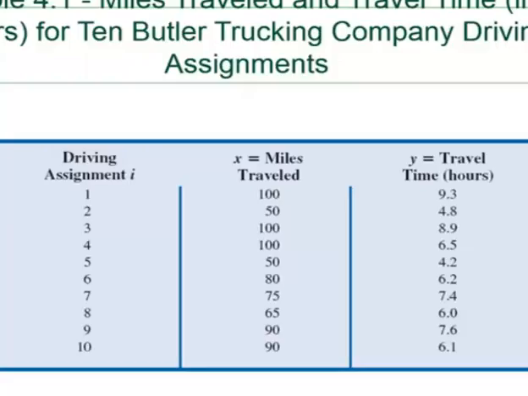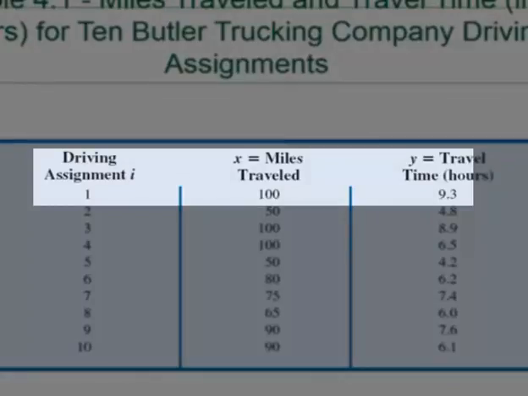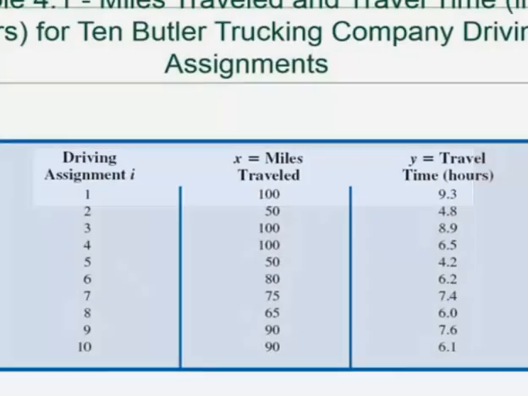And what is the highest amount of travel time? 9.3. So that is over here, 9.3 hours, and it was for traveling 100 miles. And 100 miles is the highest number of miles. There's also another 100 miles that resulted in a little bit smaller travel time.